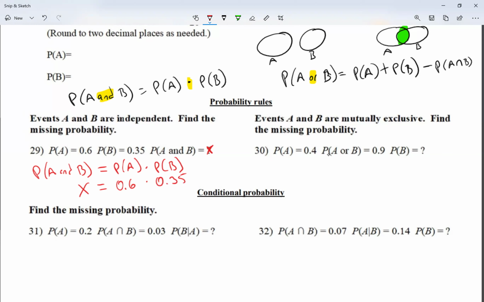That's going to be easy. 0.6 times 0.35 is 0.21. That was easy. Let's take a look at question number 30.